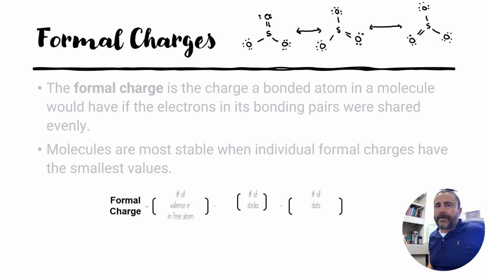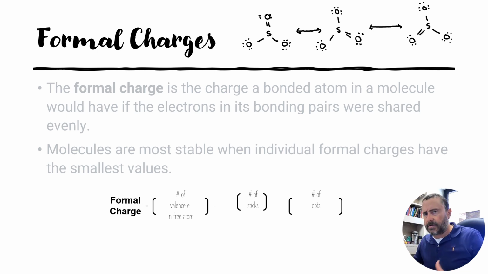When we've got different valid ways of drawing a molecule, what we can do is determine what we call a formal charge. Right? And when we determine a formal charge, this will help us determine which is the most stable form of our molecule. And in order to determine a formal charge, we have to be able to count up a few things.